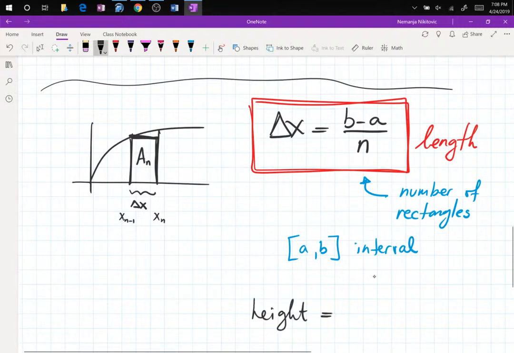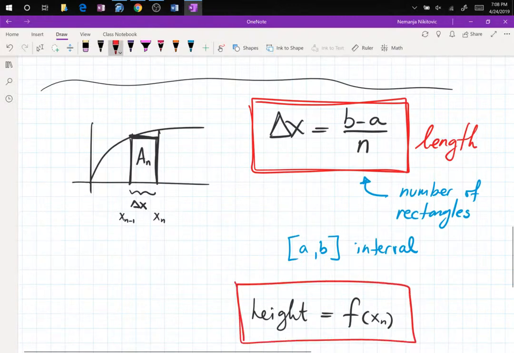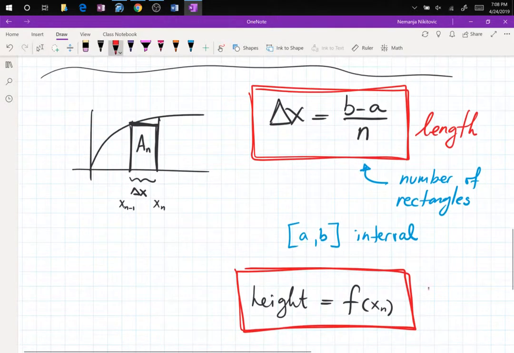Height is equal to f of x_n. So height is calculated at each point that needs to be calculated, and this is the height.